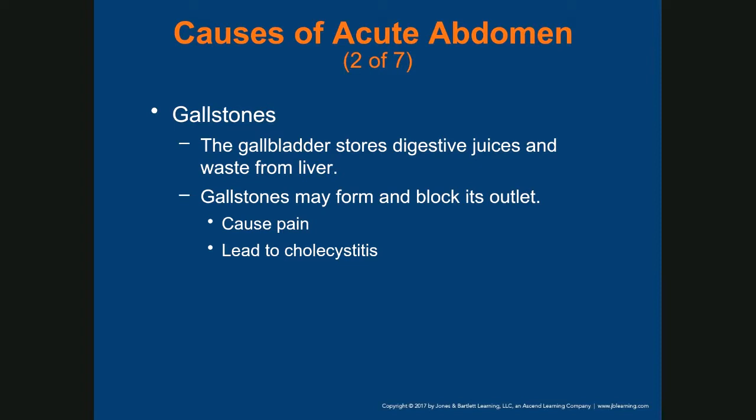So as I said, the digestive fluids that are within the gallbladder harden. It can be because there's too much cholesterol. It can be because there's too much bilirubin, and bilirubin is necessary to break down red blood cells. Or it can be that there is something obstructing the flow of the bile.